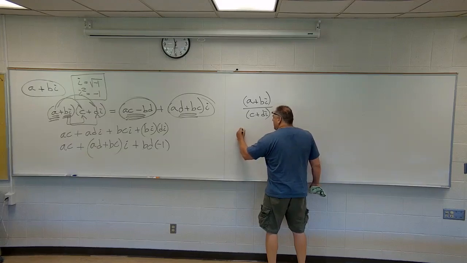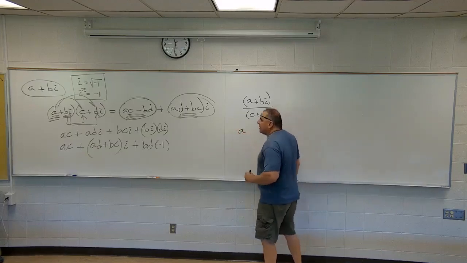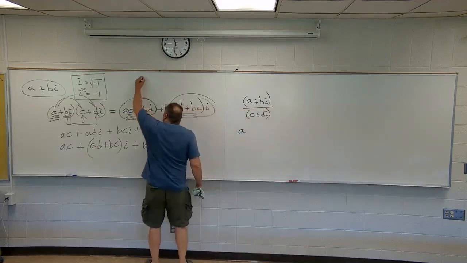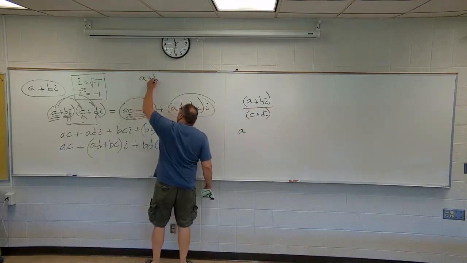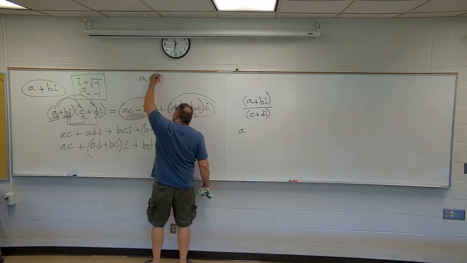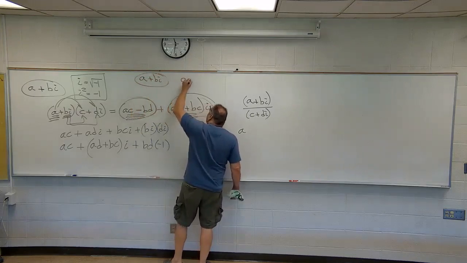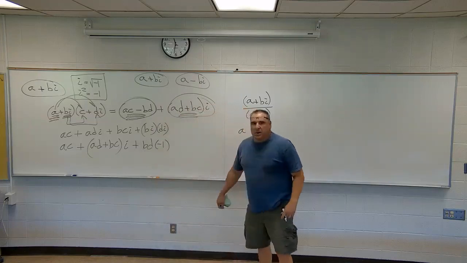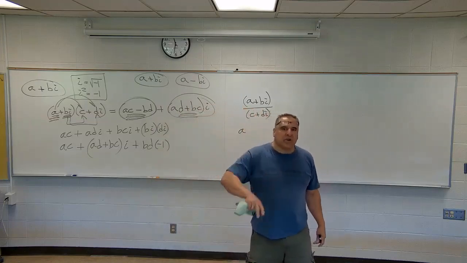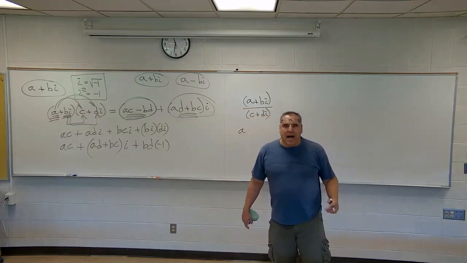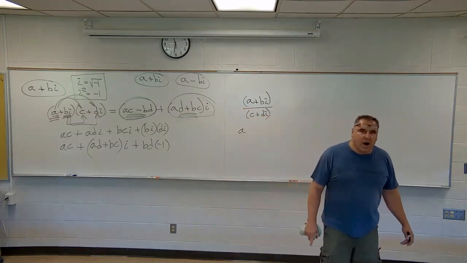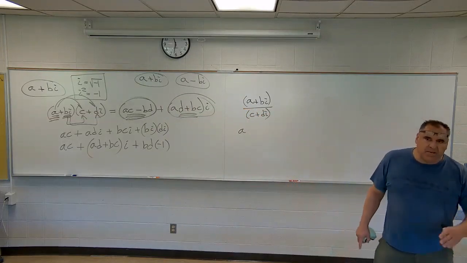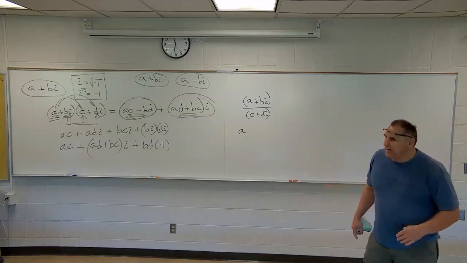What they want you to do is, if this guy is a complex number, its complex conjugate is identical to it, but instead of an addition, there's a subtraction here. Those two things are complex conjugates. Complex conjugates are, if one is A plus BI, the other one's A minus BI.